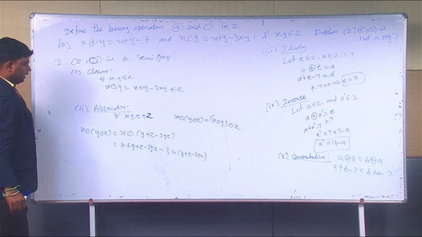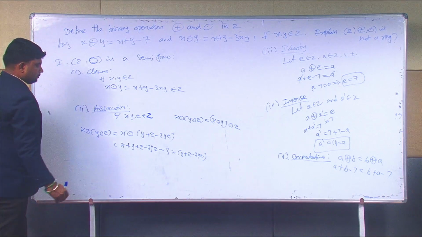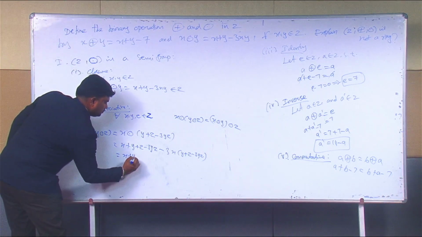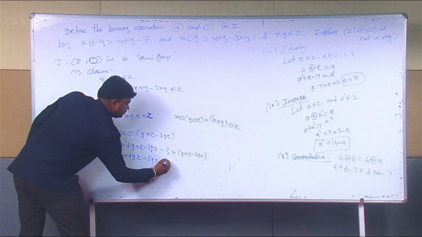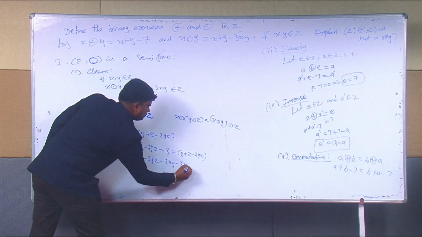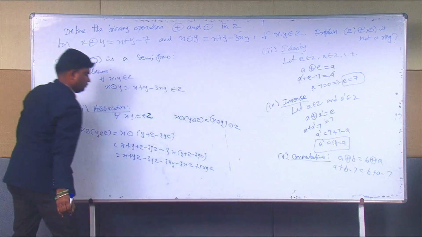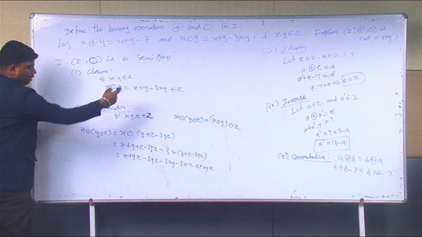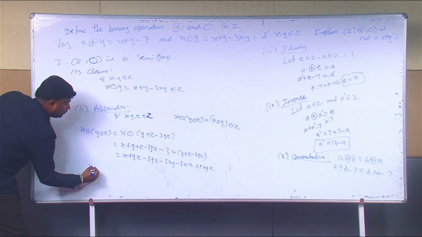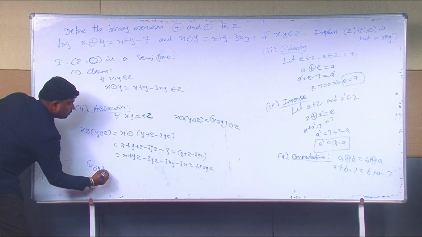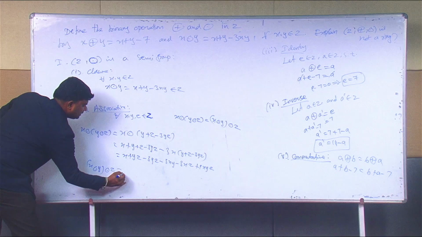So this is the left side value. Now take RHS, x multiplication modulo y and multiplication modulo z.